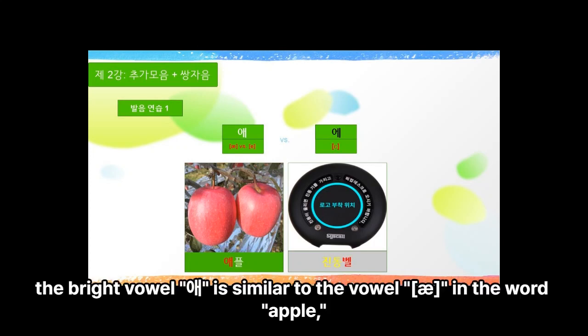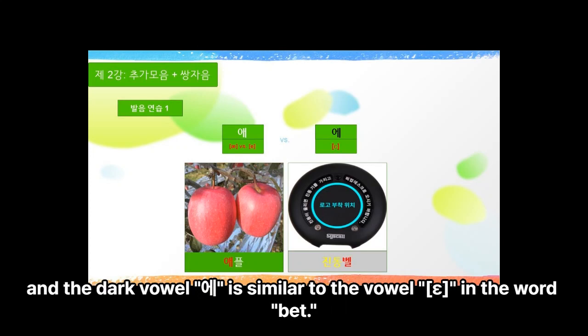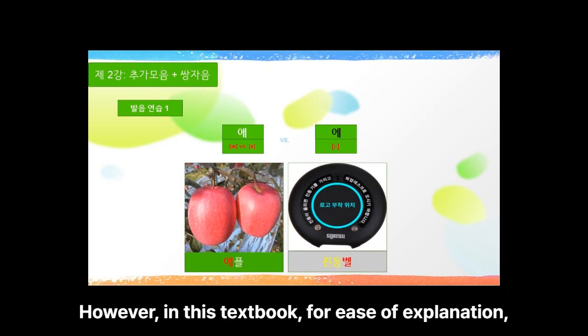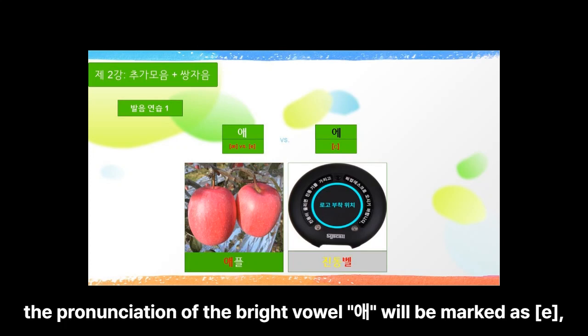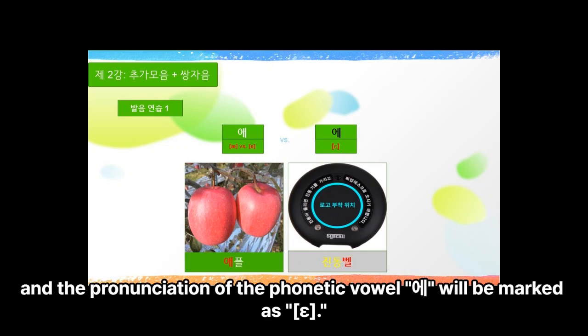In other words, the bright vowel a is similar to the vowel a in the word apple, and the dark vowel e is similar to the vowel e in the word bet. However, in this textbook, for ease of explanation, the pronunciation of the bright vowel a will be marked as e, and the pronunciation of the dark vowel e will be marked as e.